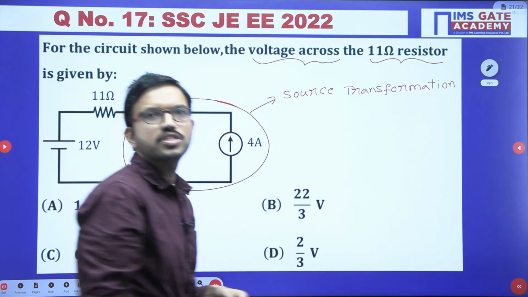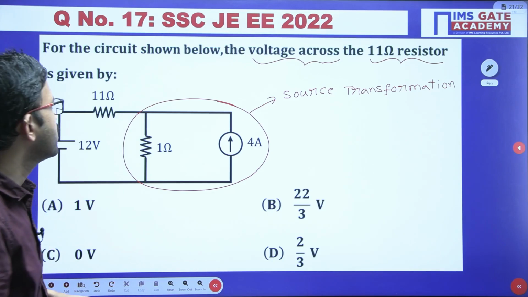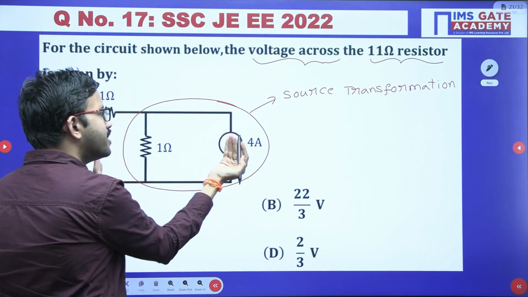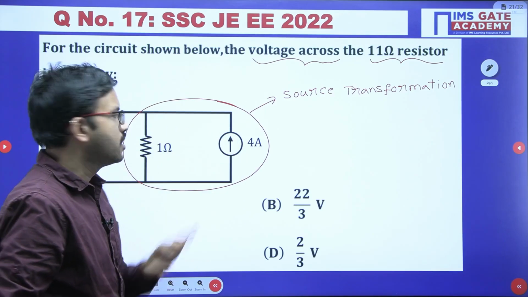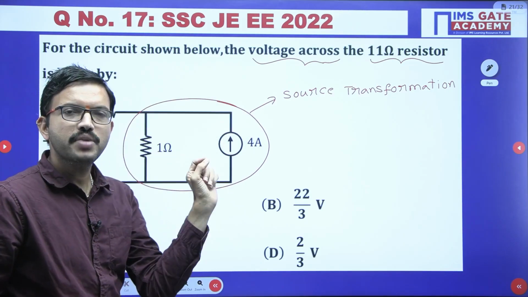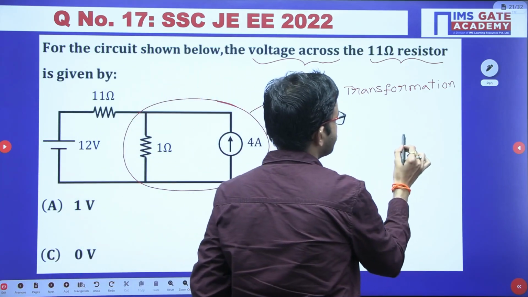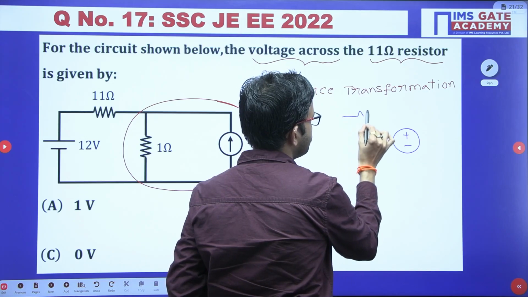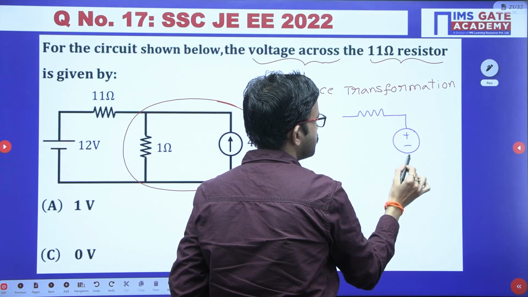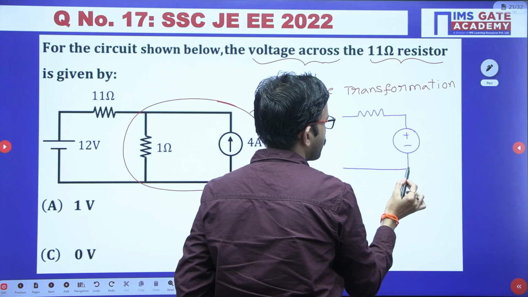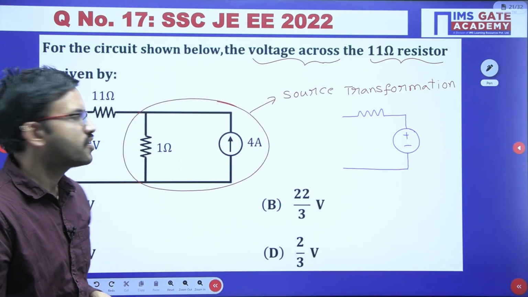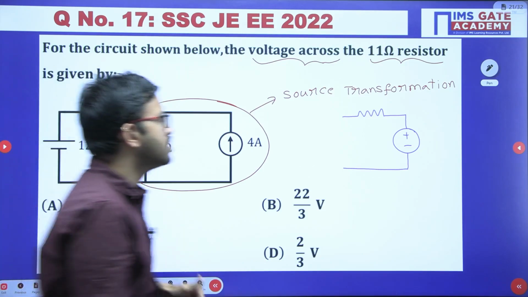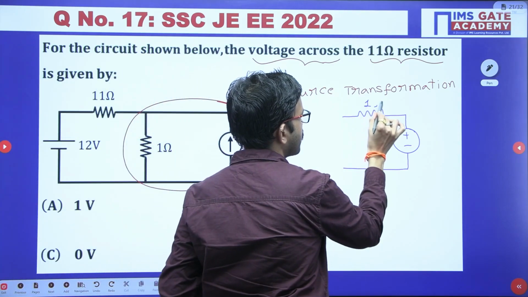If you apply source transformation to this circuit, what will happen? Here you have a current source in parallel to a resistor. Now this entire circuit we can replace with a voltage source in series with a resistor. The resistor value stays the same, there is no modification.